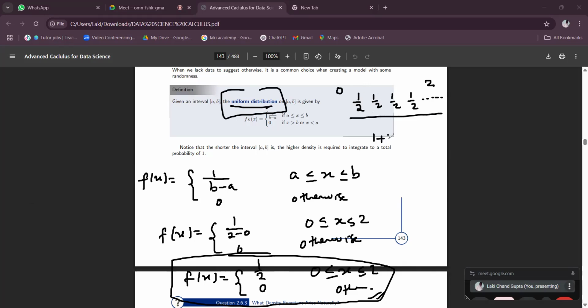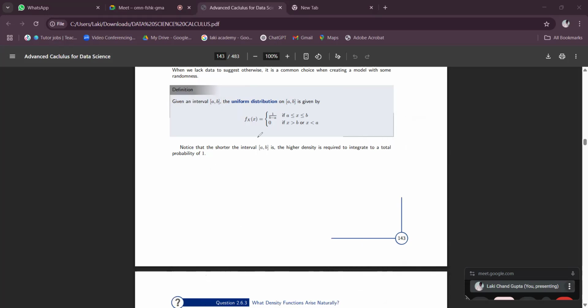See, add 1 over 2, 1 over 2 from 0 to 2. Only one thing: if uniform distribution is given and x from a to b is given, its function will be 1 upon b minus a. That's it.